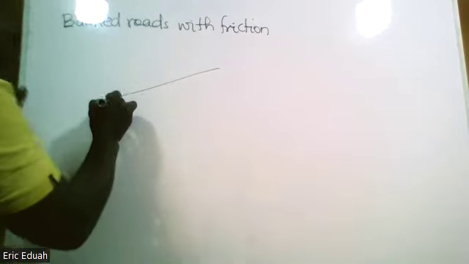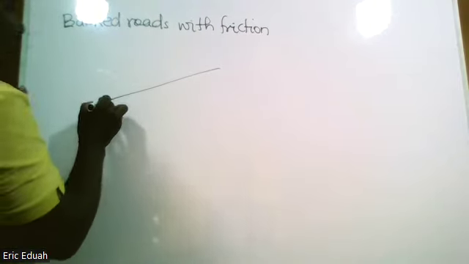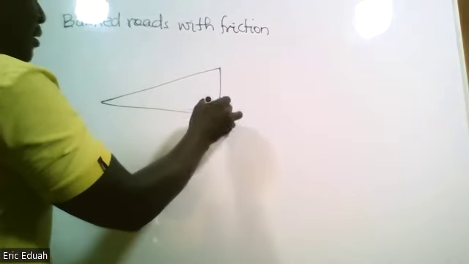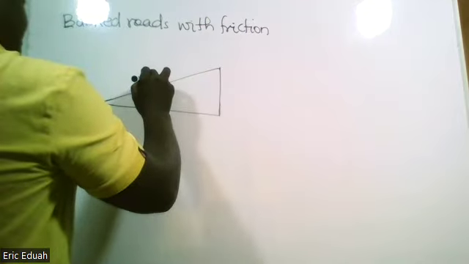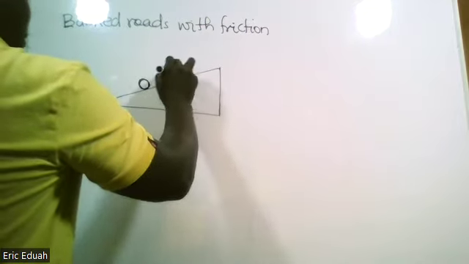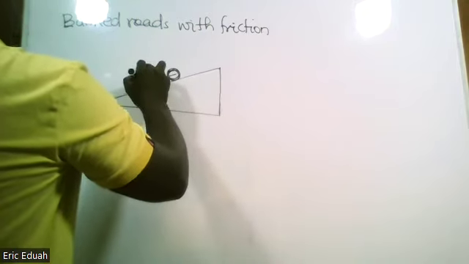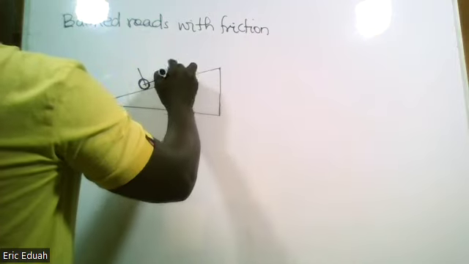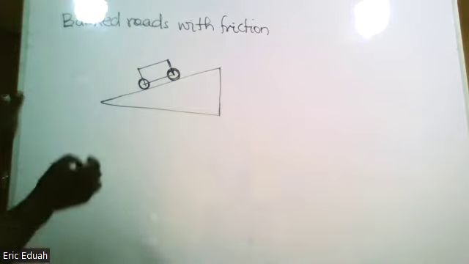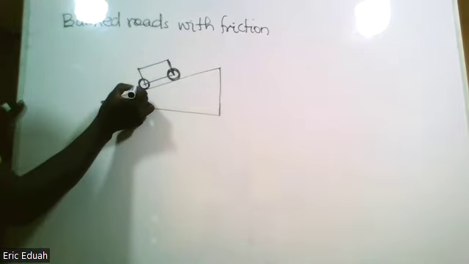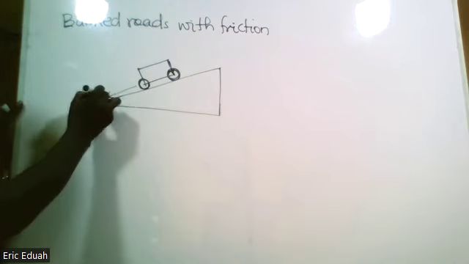The road is banked, meaning tilted at an angle towards the center. Friction acts on the surface of the road.